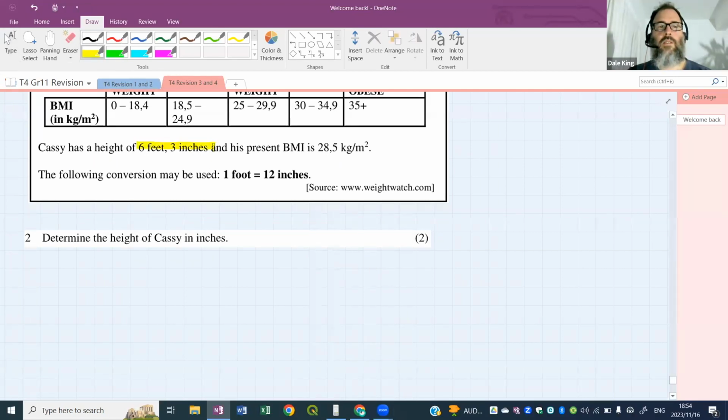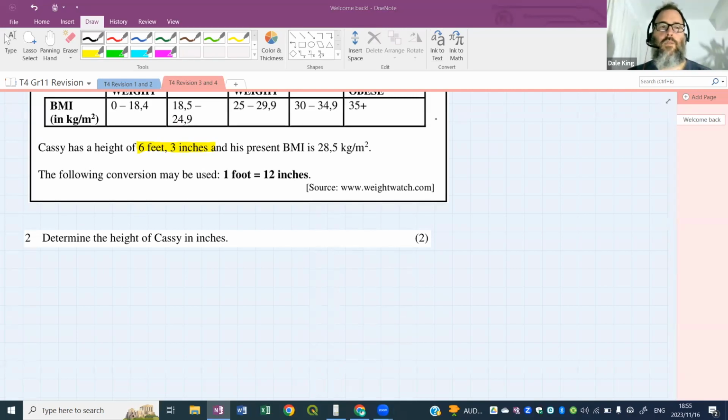Here's Cassie's height, 6 feet 3 inches. All of you, let's try this last one and then we'll call it quits. Determine Cassie's height in inches if Cassie is 6 feet and 3 inches. Let's see what you will get. How much is that in inches?